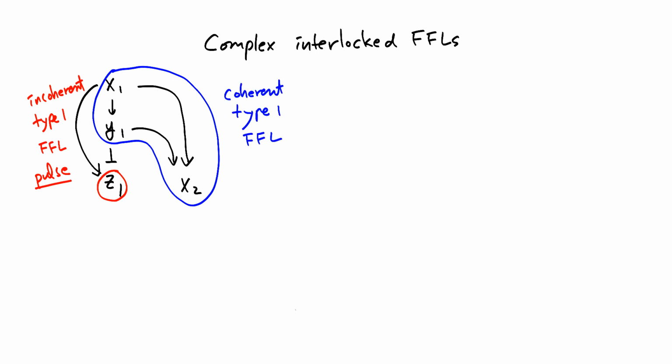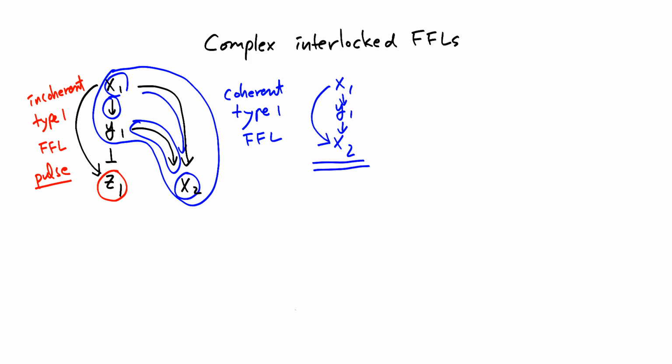If you look at these three genes, X1, Y1, X2, X1 is activating Y1, which is shown here, and Y1 is activating X2, which is this one, and X1 is activating X2 directly, and this network is coherent type 1 FFL. This FFL causes a delay in X2 expression.